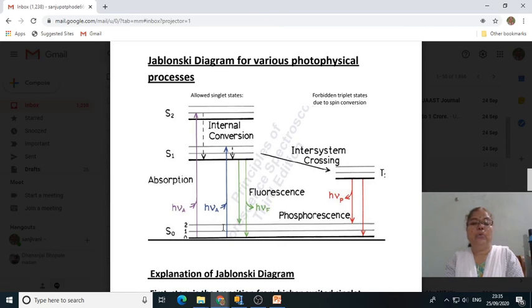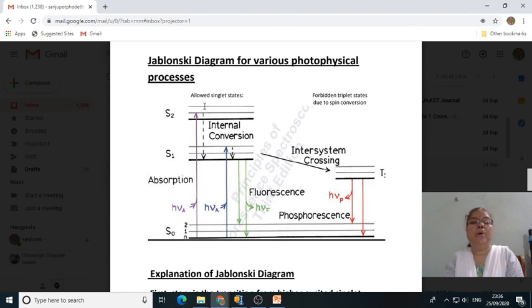Due to absorption of a photon, the electrons jump from a lower energy level to a higher energy level, and this phenomenon we call absorption. When the excited molecules return to the ground state by emission of the absorbed radiation, this phenomenon is called fluorescence.